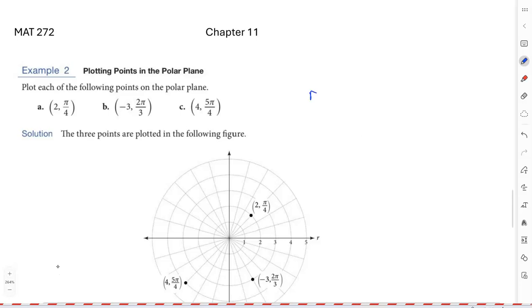And then if r is positive, we're going to move along the terminal side of the angle that we're creating. If r is negative, then we're going to move along the side that's opposite the terminal side.